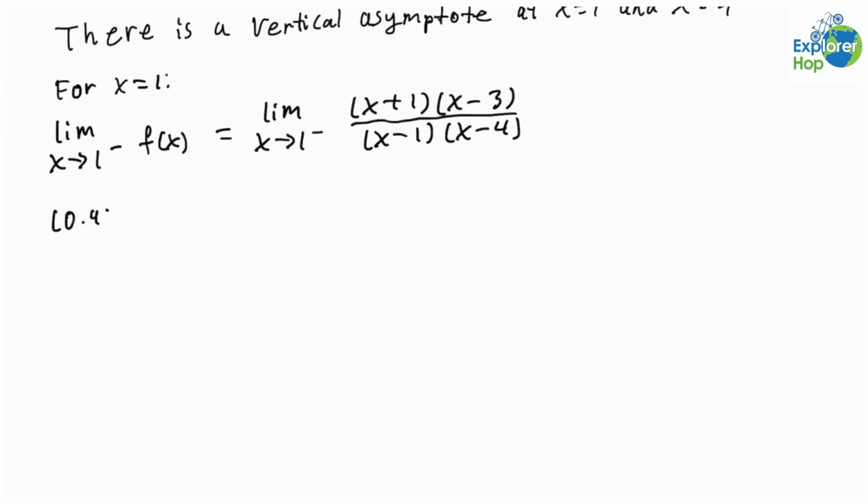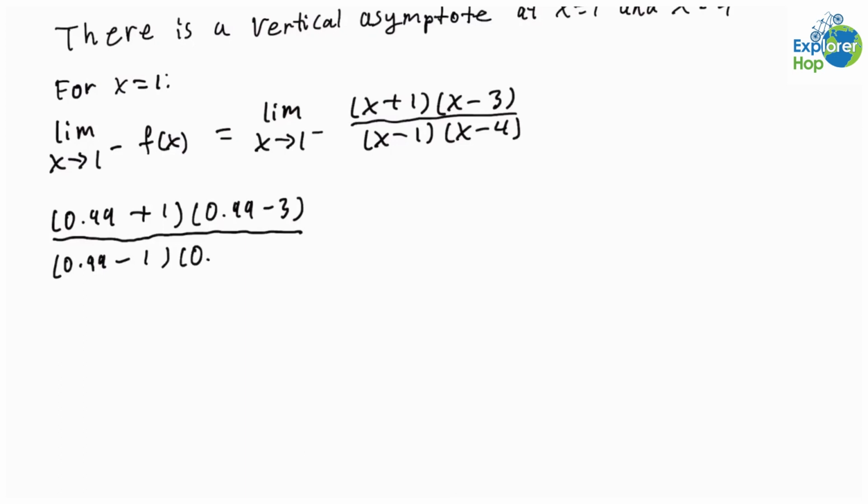0.99 plus 1 times 0.99 minus 3 over 0.99 minus 1 times 0.99 minus 4.